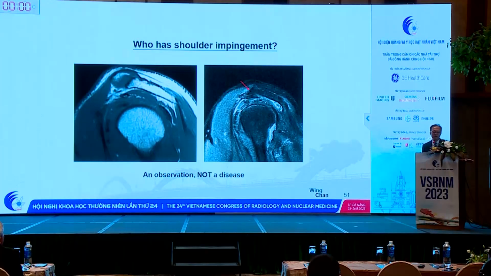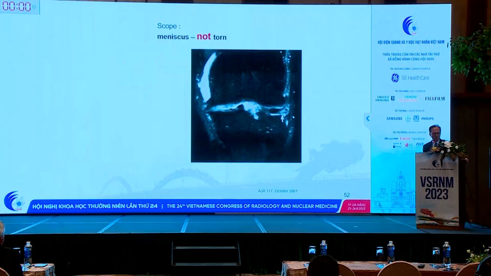I won't say that because impingement syndrome is a clinical diagnosis, not a radiographic diagnosis. If we use radiographic morphology to fit the clinical diagnosis, that could be an error because this is just an observation, not the disease. This is the risk.